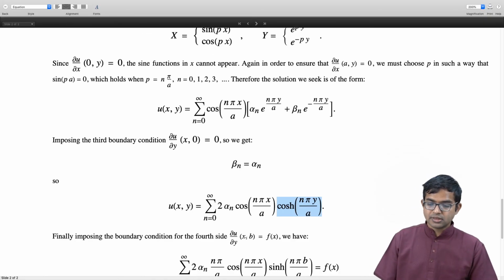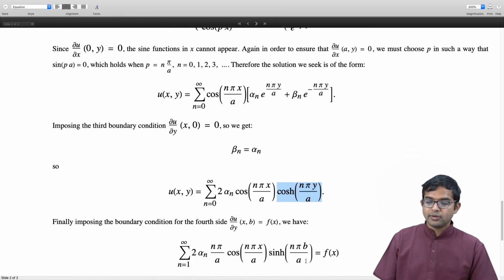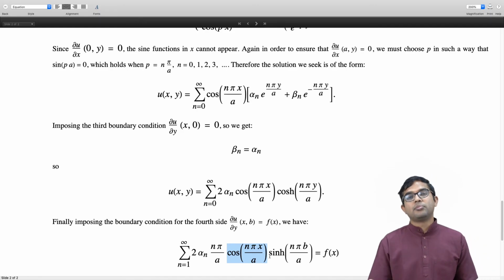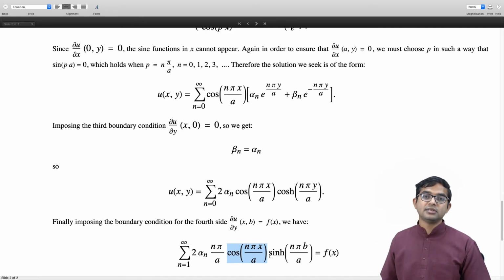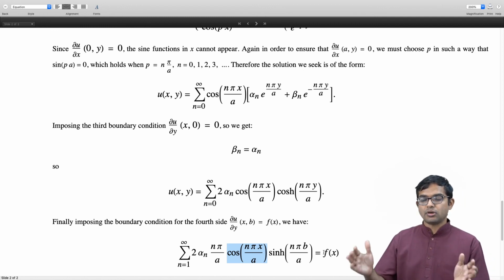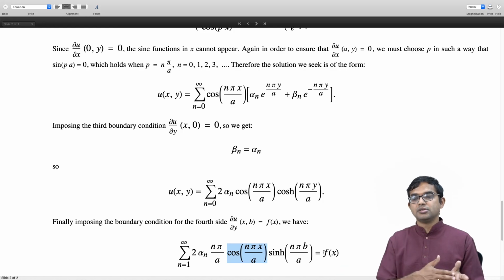If I plug this condition in, now I have this Fourier series representation for f of x, but in terms of cosines now, right? Whether you get a cosine series representation or a sine series representation will depend on the boundary conditions involved. The idea is that your function f of x is defined in the interval 0 to a.